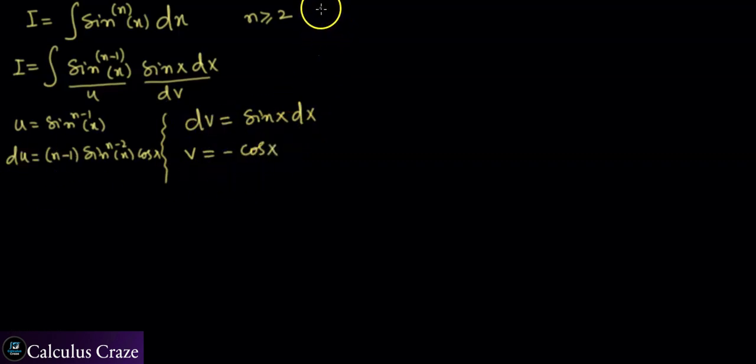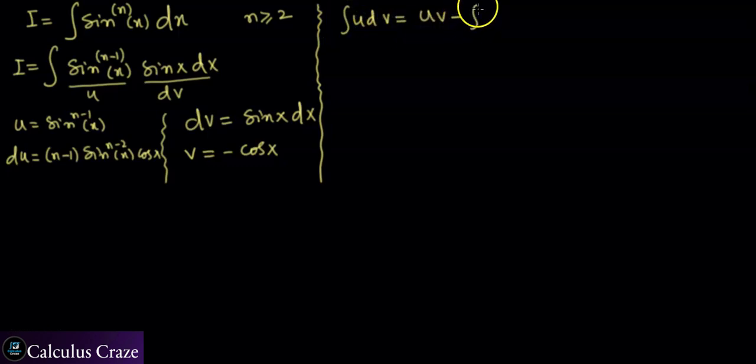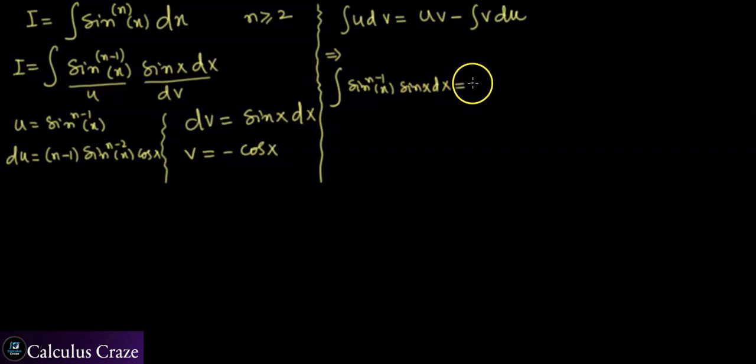Now I will use the formula, which says that the integral of u dv should be equal to uv minus the integral of v du. So the integral of sine power n minus 1 of x times sine x dx should be equal to u times v. My u is sine power n minus 1 and my v is minus cos x, so this is going to be minus sine power n minus 1 of x times cos x, minus the integral of v du.